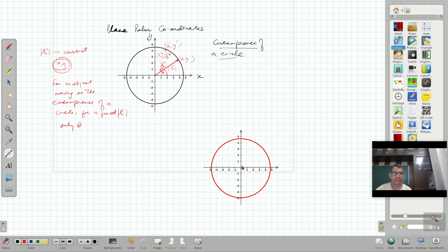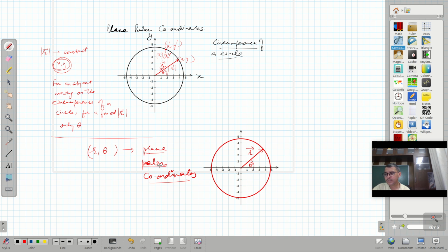For a particular position, say this is the position of the particle. This is r, and this is angle theta, and both r and theta are known as polar coordinates, or the plane polar coordinates.